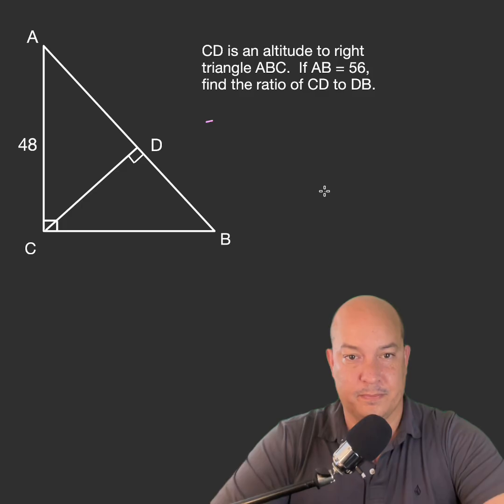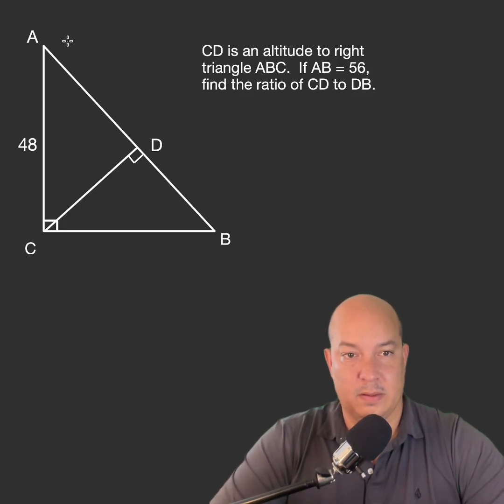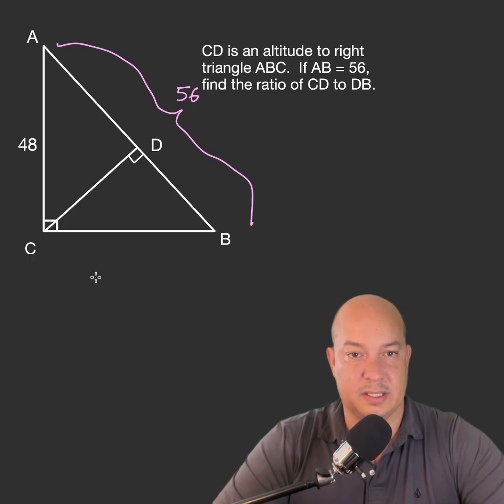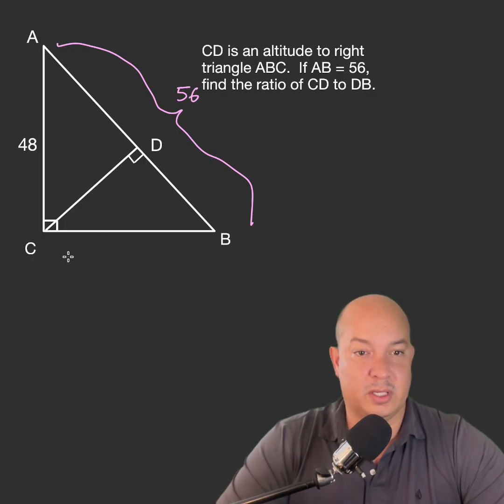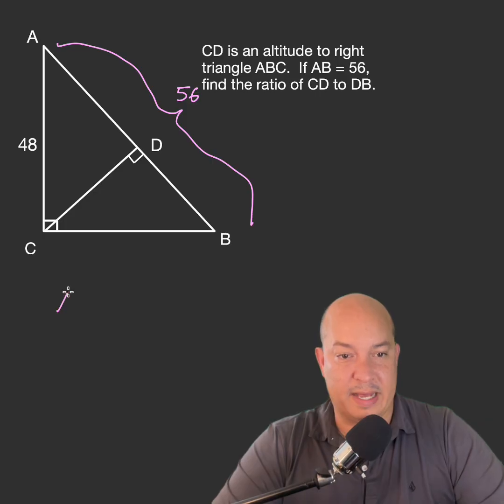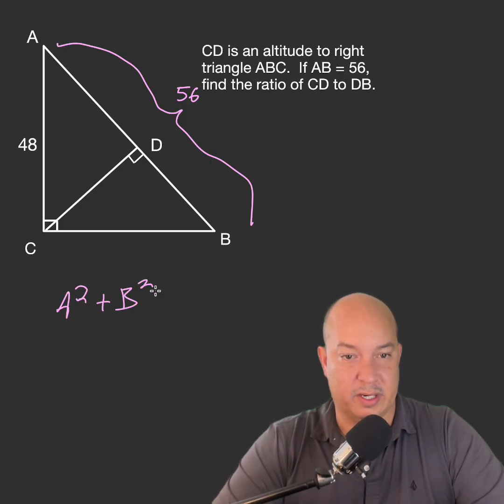Okay, AB is 56. And the first thing we can do in this question is use the Pythagorean theorem. Just the good old-fashioned a squared plus b squared equals c squared. And if you don't know already, a and b are the two legs of the right triangle, and c is the hypotenuse.